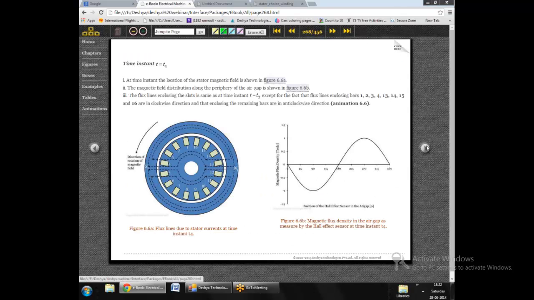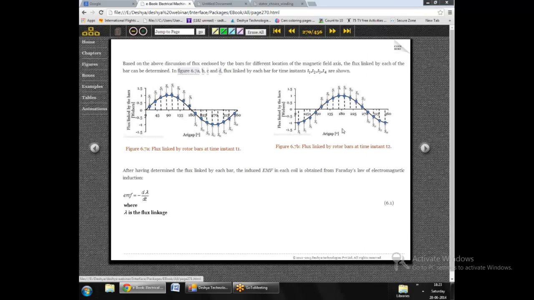This is what is illustrated here in the figure, which demonstrates the flux linked by the bars. This is bar number 1, which encloses the minimum flux lines. Bars 4 and 5 enclose the maximum number of flux lines. Similarly, 12 and 13 enclose the maximum number of flux lines, and 9 and 16 enclose the minimum number of flux lines.